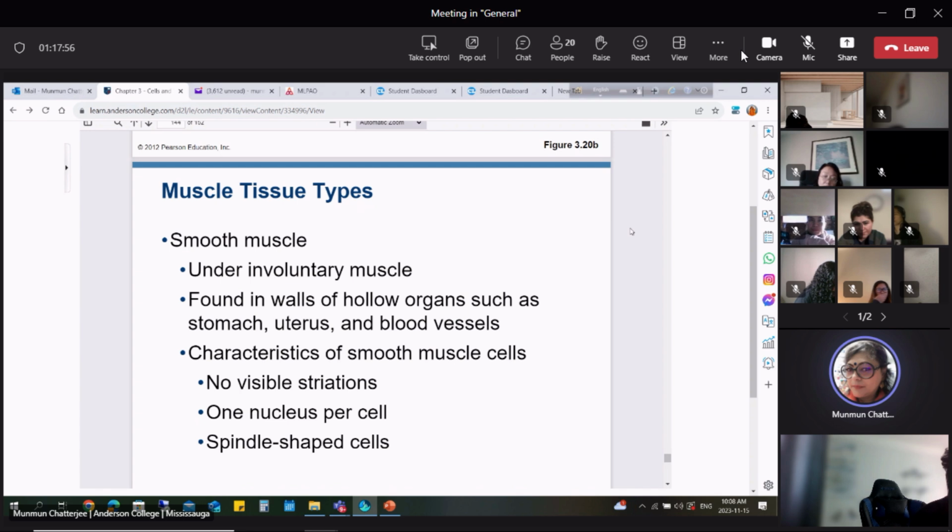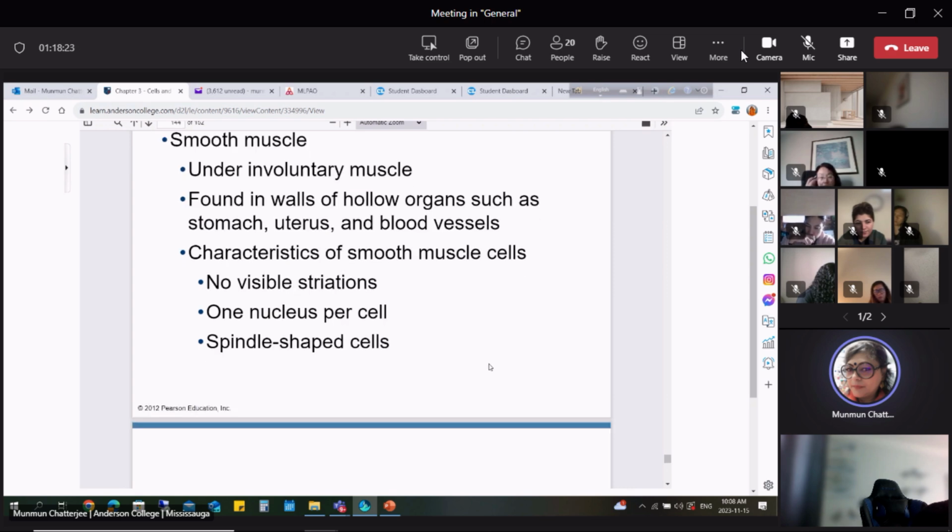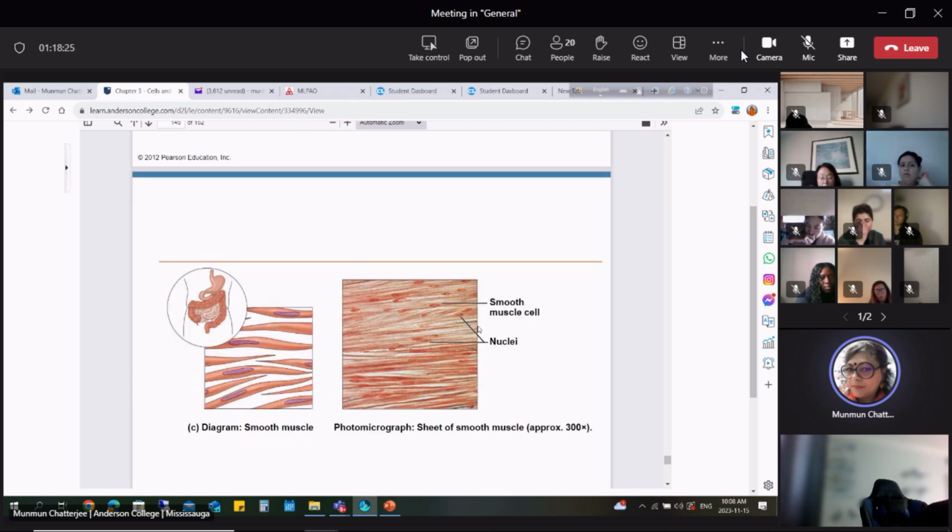It's not soft, it's a little bit harder depending upon the striation level. So smooth muscles, no striations, but only one nucleus per cell. And these are mainly spindle shaped cells.